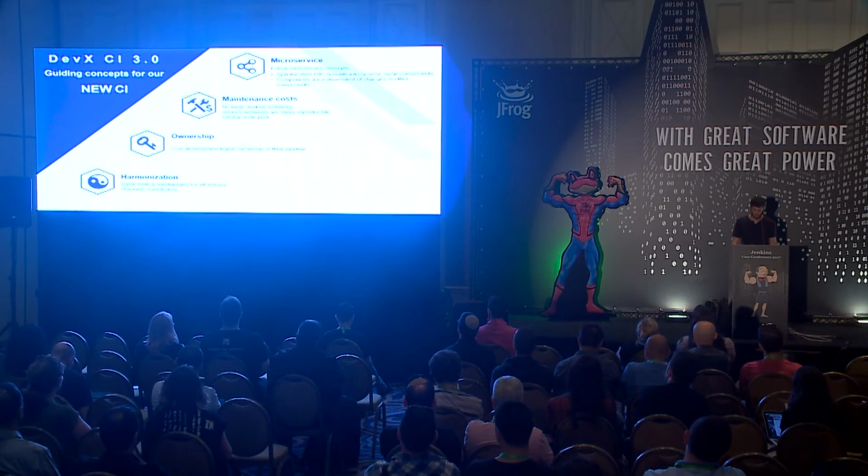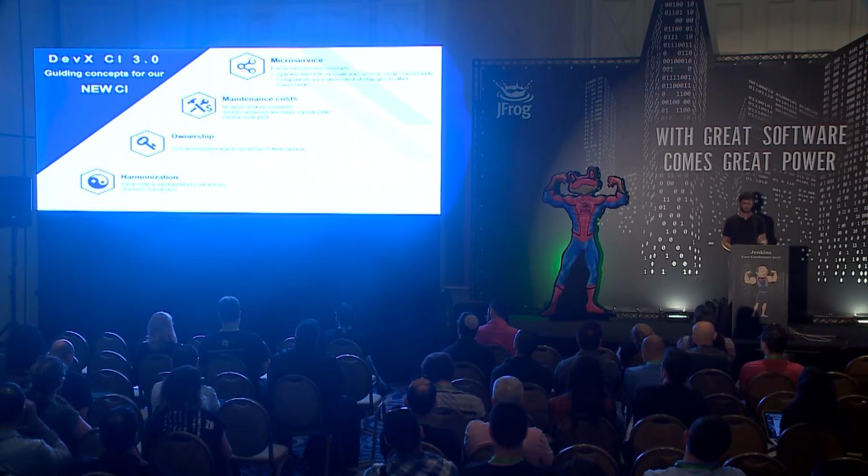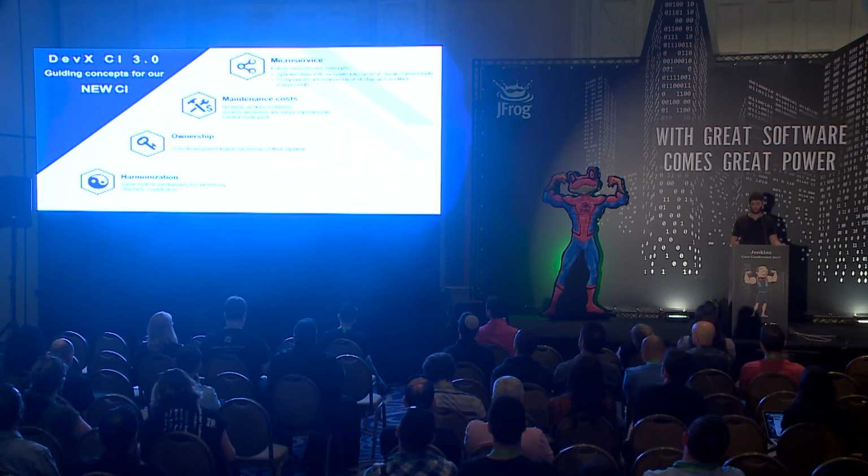So here's what we are currently doing. We are creating a new CI flow, new CI infrastructure, which is based on these concepts. The first one is the microservice approach, which basically says that we will split WebID into several smaller components. Not really microservices.